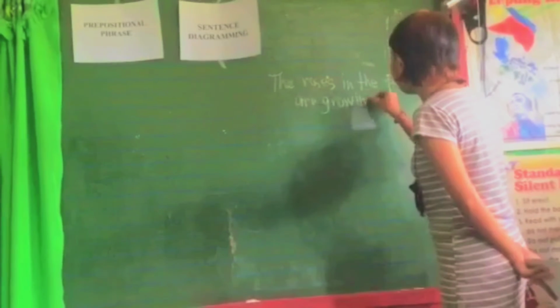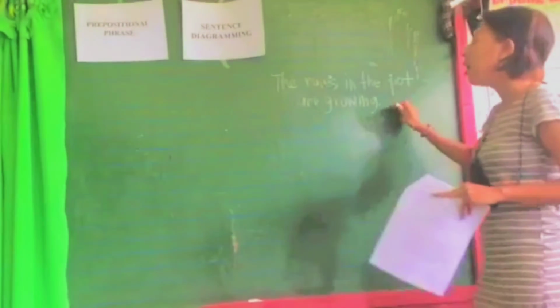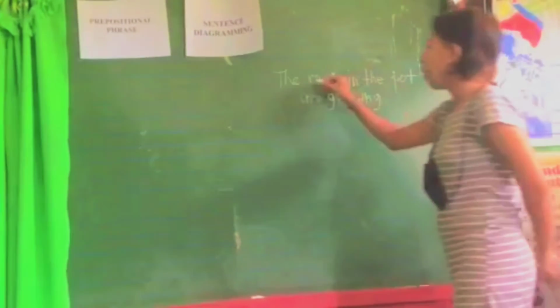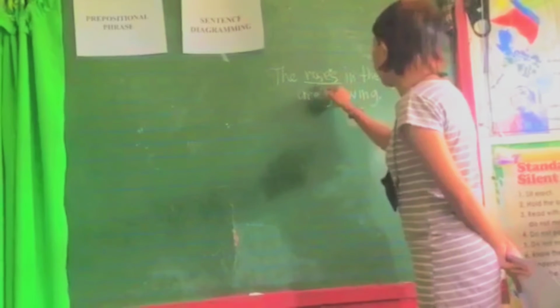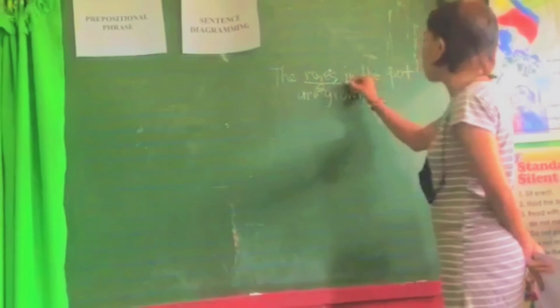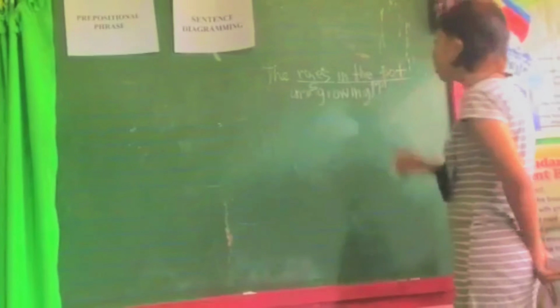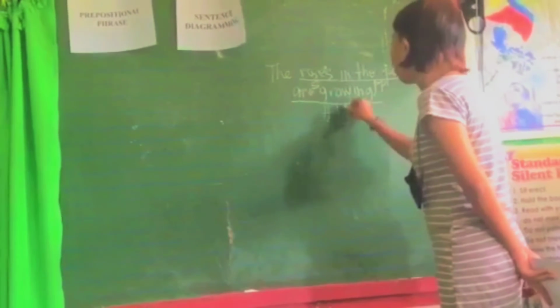Again, this is an example of a prepositional phrase. The roses in the path are growing. Now, the roses is our subject, in the path is our prepositional phrase, and are growing is our helping verb.